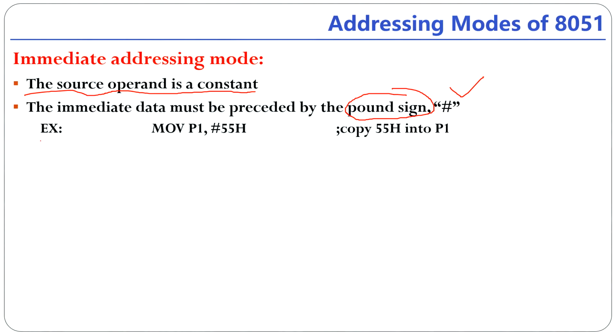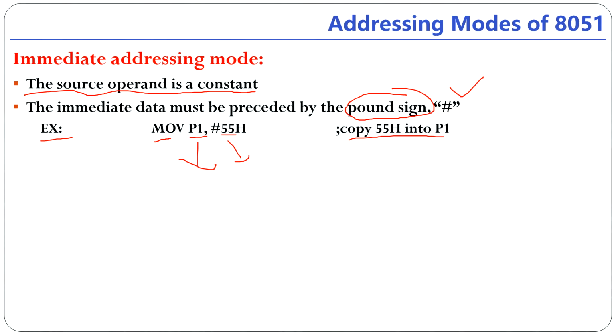The example is MOV P1, #5. P1 is the port of the microcontroller, and 5 is a constant value. This value is copied and transferred into P1, as the explanation given here shows.